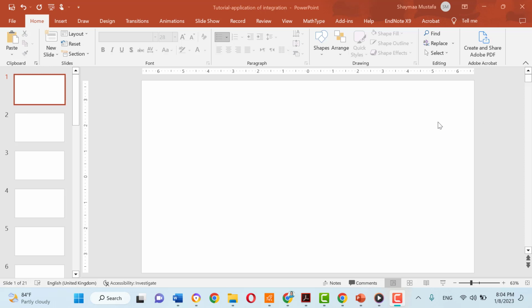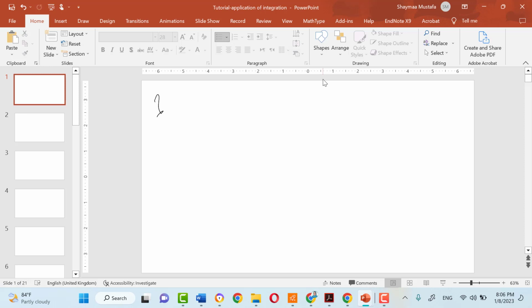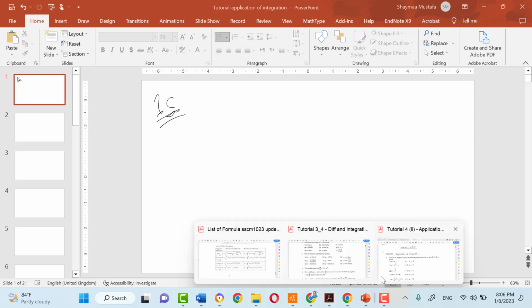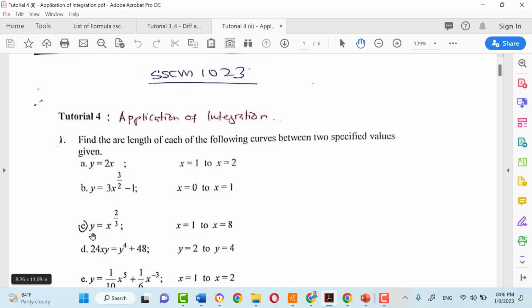Now I will start the tutorial on application of integration. Okay, we will start with questions 1C and 1D. So question 1C. For this question, we have y is equal to x to the power 2 over 3, x from 1 until 8.